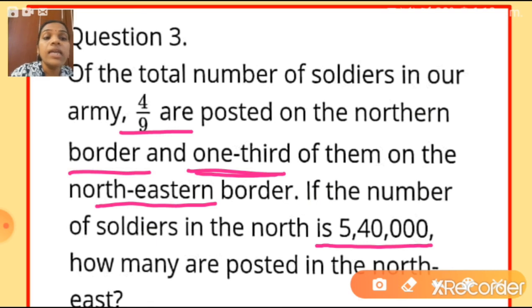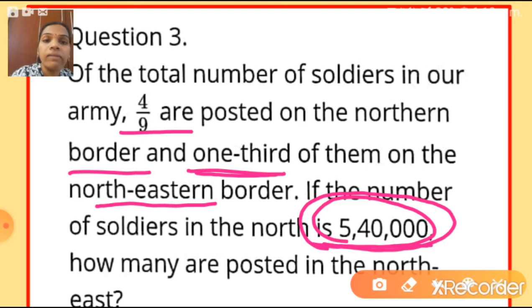Next, if the number of soldiers in the north border is 5,40,000, how many are posted in the northeast? You have to find. The total number of soldiers in the north region is 5,40,000, so what is 1/3 of this number? We have to find. That is your answer.